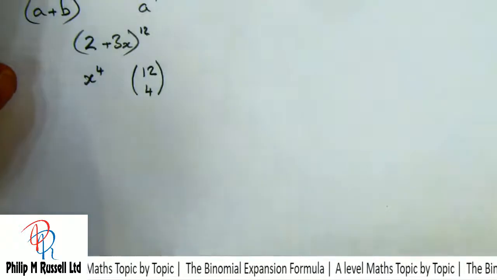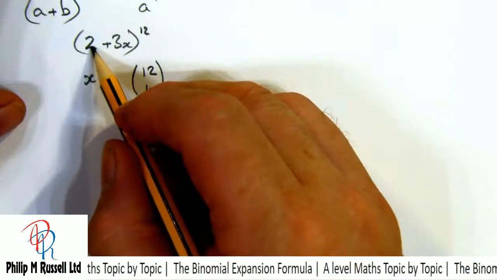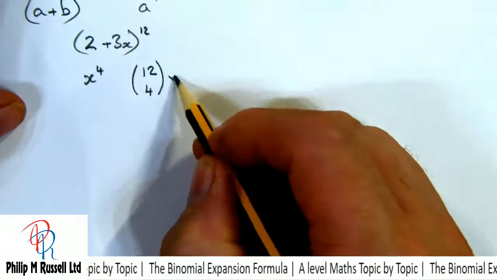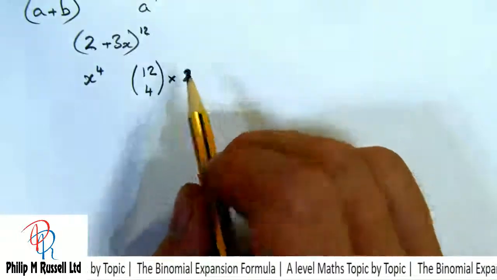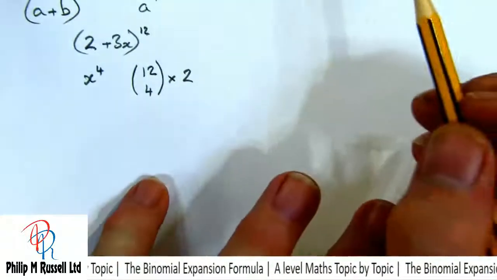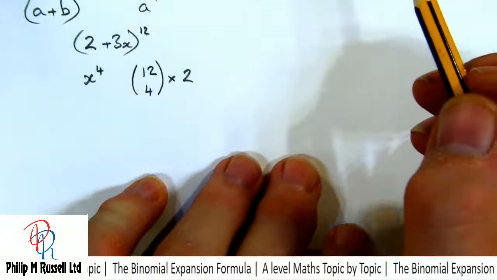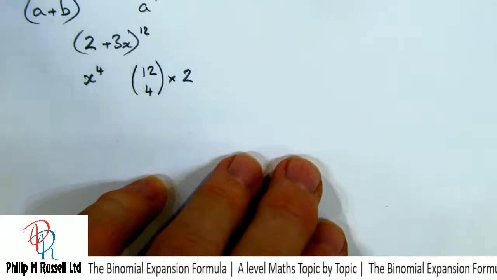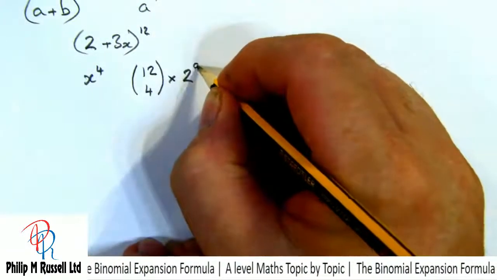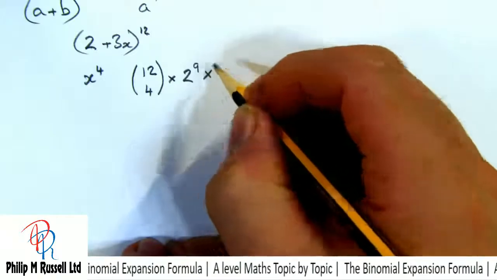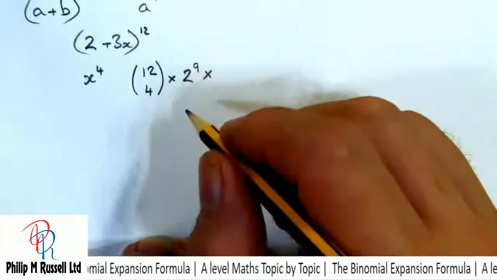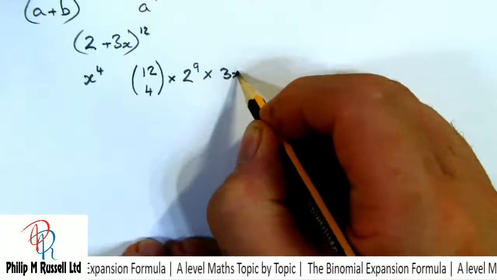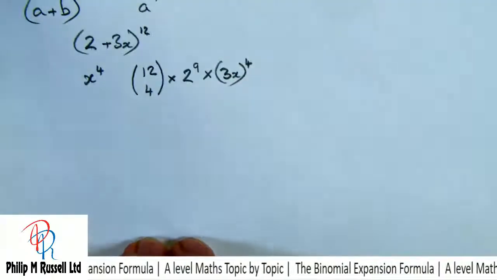Then what we want to have is this number, and I've got to work out what it's going to be at its 4th point. So it's going to be 2 to the 12, 2 to the 11, 2 to the 10, and we're going to have here 2 to the 9. Times, and this one, if it's at the 4th one, is going to be times 3x to the 4.